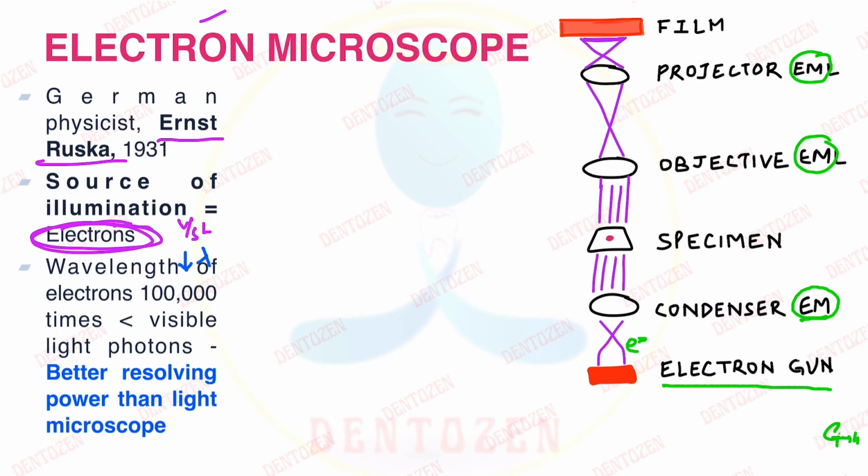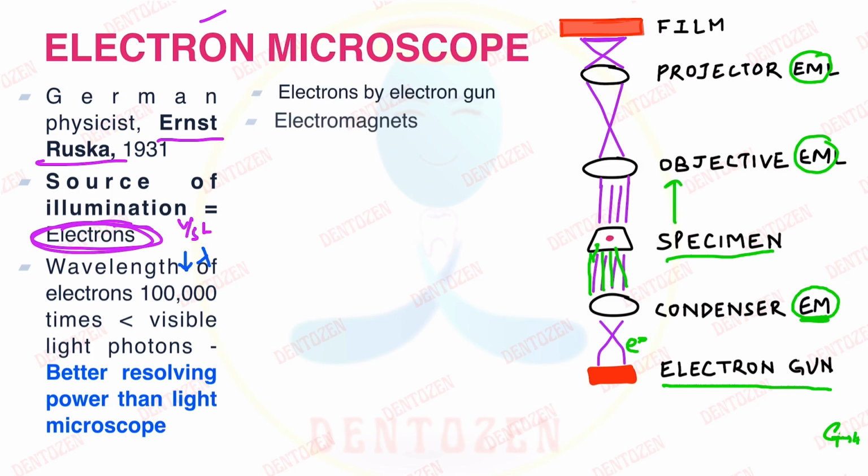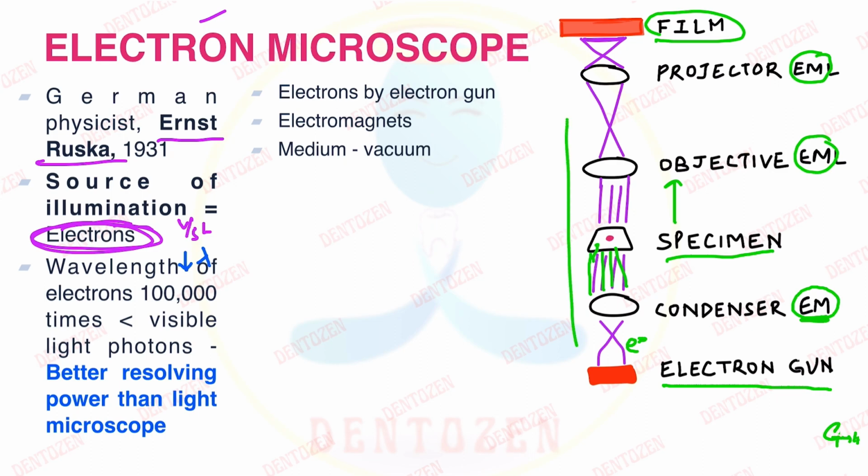These lenses will project the electron beams onto the specimen and focus them. These are all collected by the objective, and from there an image is formed on the photographic film.